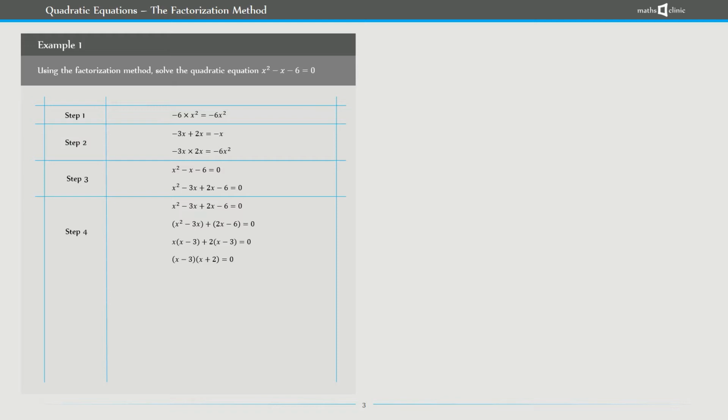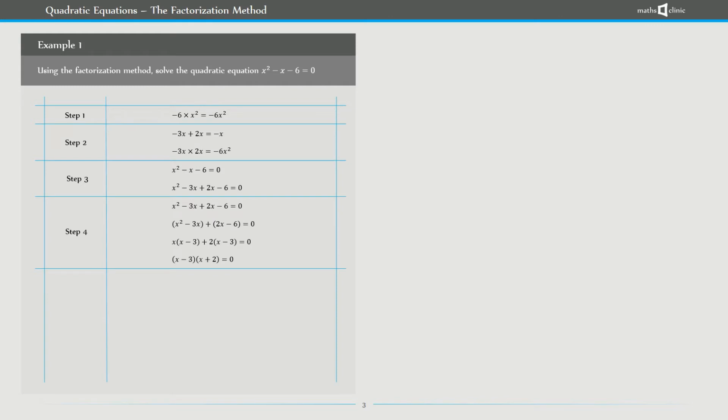And when I factorize using x minus 3, I have x from the first group there. If you divide that by x minus 3, you have x, and then when you divide the second one by x minus 3, you have 2. So you have x minus 3 multiplied by x plus 2 equals 0.